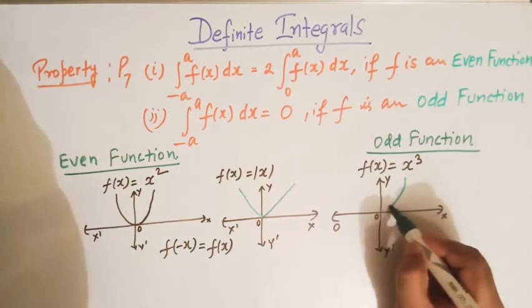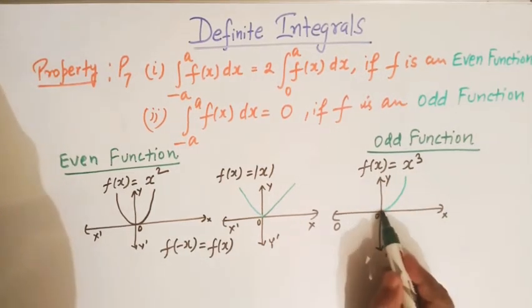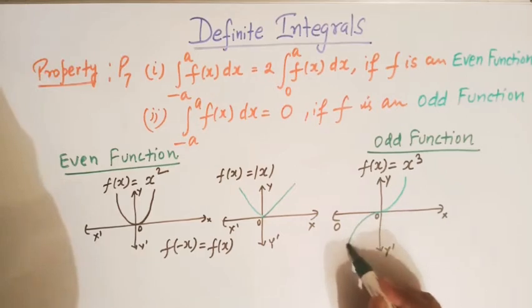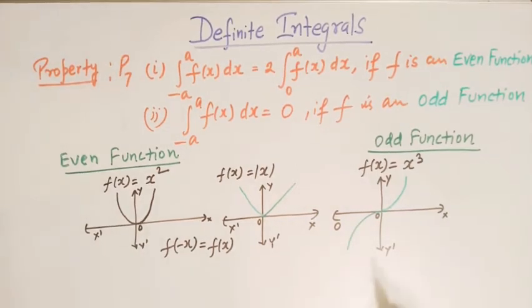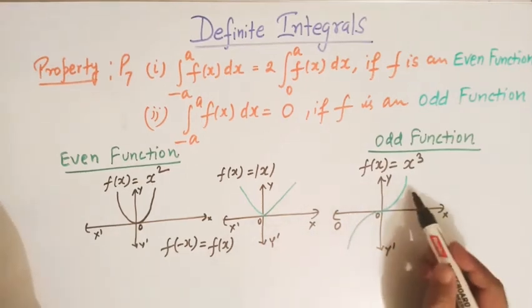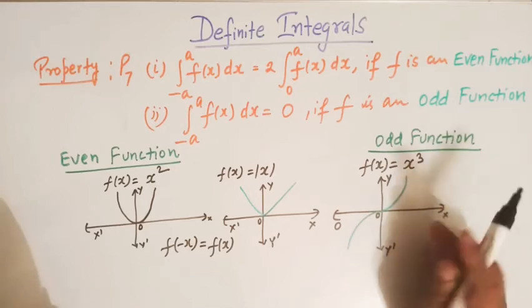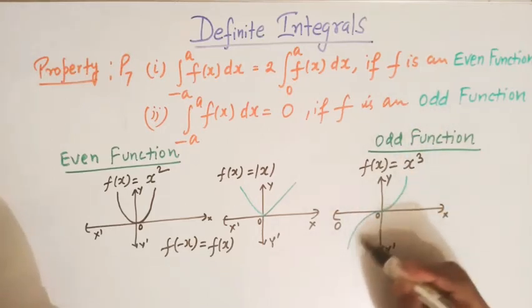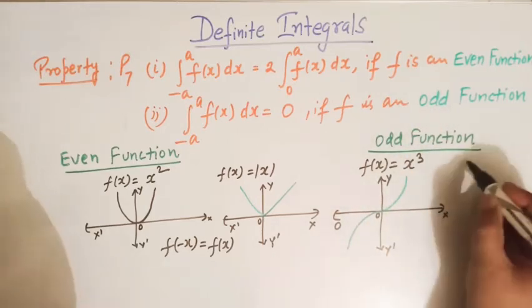So here we have the graph, it looks like this. So this is the graph of odd function, and we see that this graph is symmetrical about the origin. Clear?